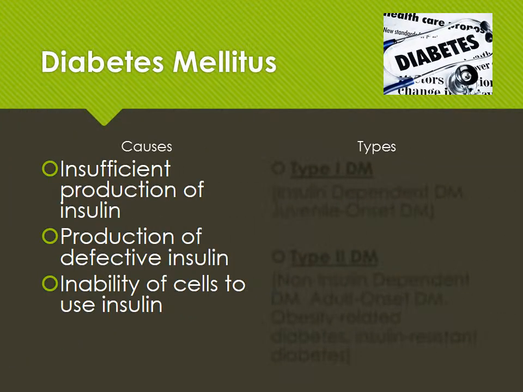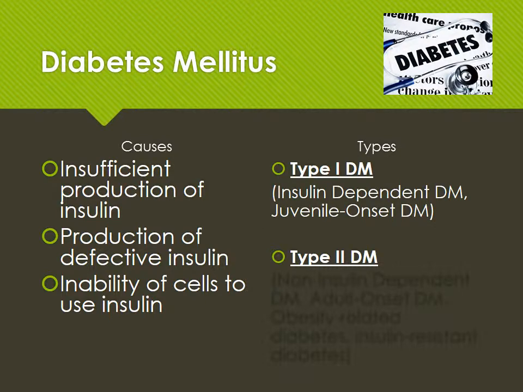Basic causes of diabetes mellitus are related to insufficient production of insulin, production of defective insulin, or the inability of cells to use insulin. There are two main types of diabetes mellitus, type 1 and type 2. There is also gestational diabetes mellitus, but we will be covering only type 1 and type 2 in this lesson.